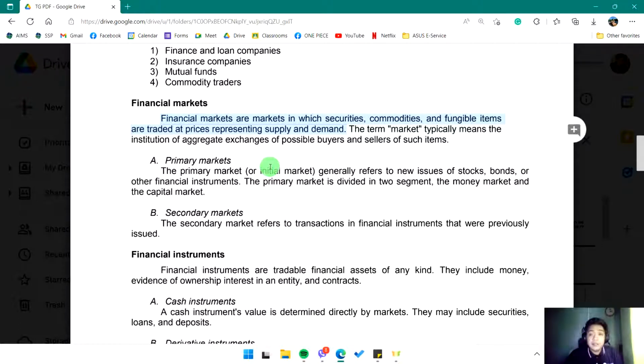When we say fungible items po pala, these are items that, paano ko ba i-describe? Fungible items, sila yung hindi mo ma-determine yung kanilang monetary value, pero pwede mo silang ipag-trade off as a form of money, as a form of cash or asset.